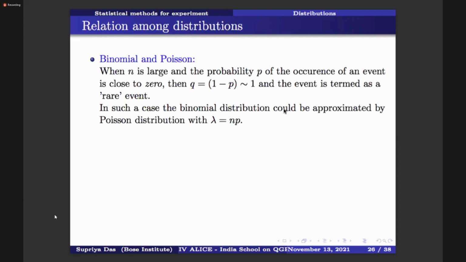In such a case, a binomial distribution could be approximated by a Poisson distribution with lambda equal to np. This is the relation between binomial and Poisson.